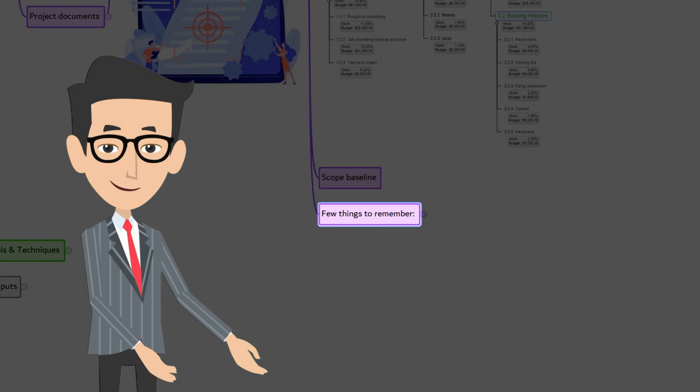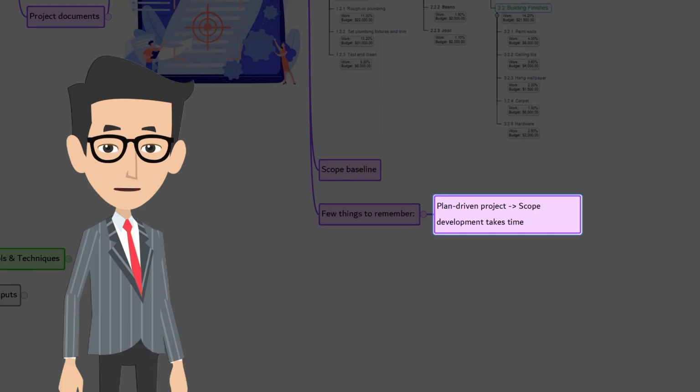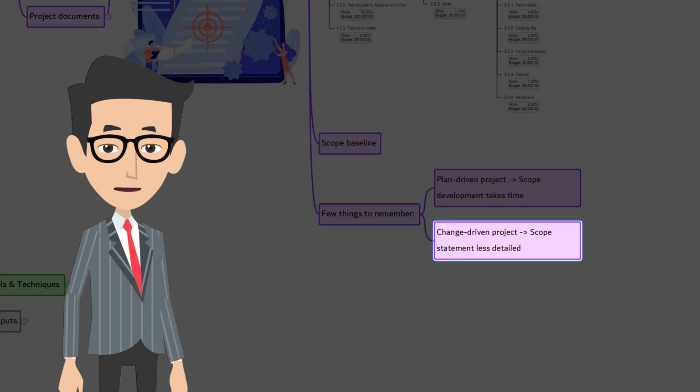A few things to remember. On a plan-driven project, the development of the project scope statement can take a lot of time. You may have to involve the experts, both internal and external to the organization. For the change-driven project, the scope statement will be less detailed because the final delivery is not crystal clear. But still, you need to have enough detail to define what is in and what is out of scope.